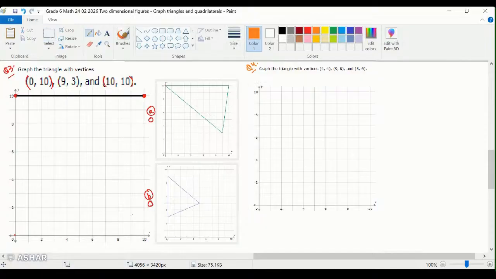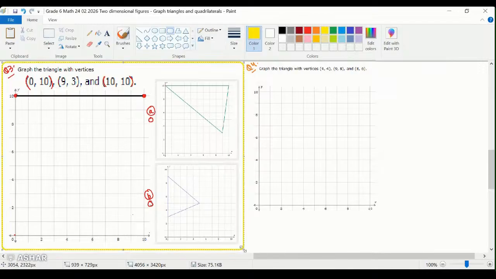See, question number 3 had these two options, right? Let's see. The first coordinate was 0, 10. That comes here. The second coordinate was 9, 3. This is 9, 3. And this is the third coordinate.